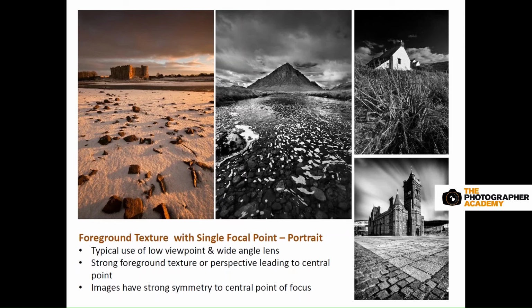However, you can see I've used 4 different subjects here: grass, paving, frothy stuff in the water is probably the best way I can describe it, and rocks in snow. So 4 very different subjects, but they've been used to produce 4 pretty identical images in terms of shape and form.